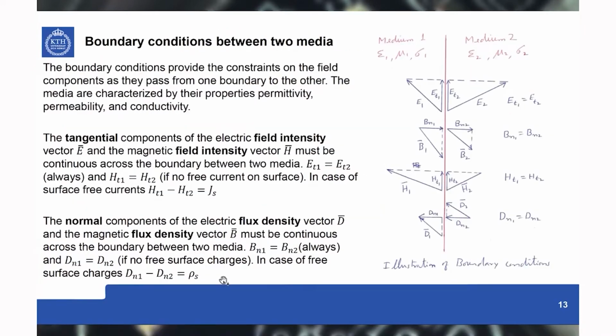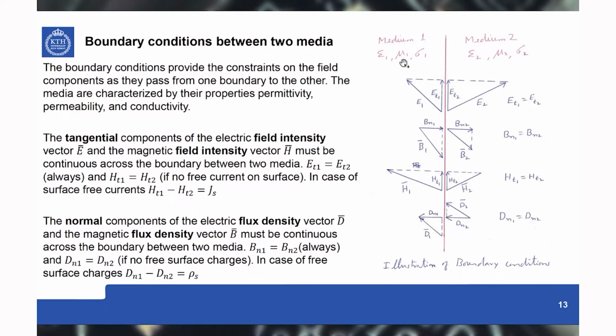Let's see what happens when an electromagnetic field is going from one medium to another medium. So these mediums 1 and 2 are distinct in terms of their properties.